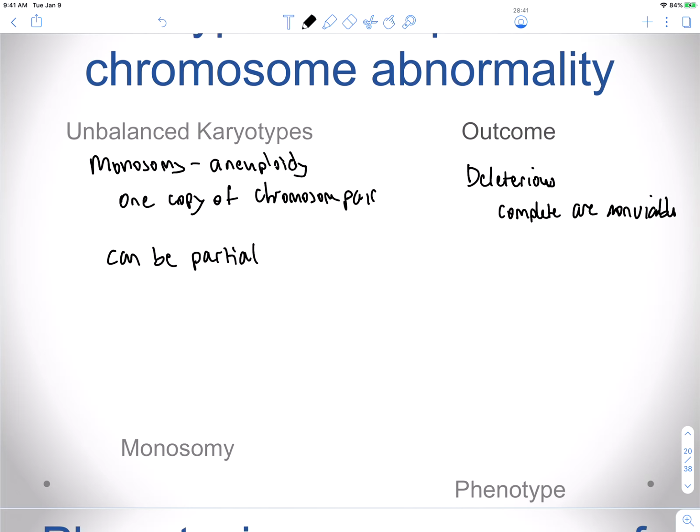Except for Turner syndrome. And that's a loss of an X. Complete trisomies are going to be viable for several chromosomes, but for complete monosomies, they're not viable. Now, keep in mind, a partial monosomy can be viable.